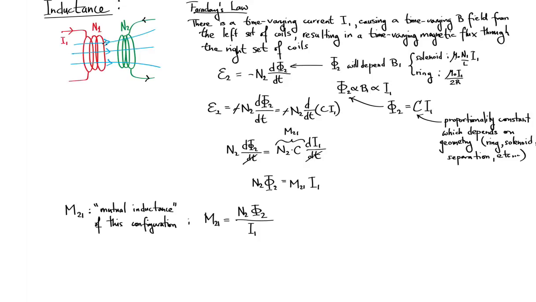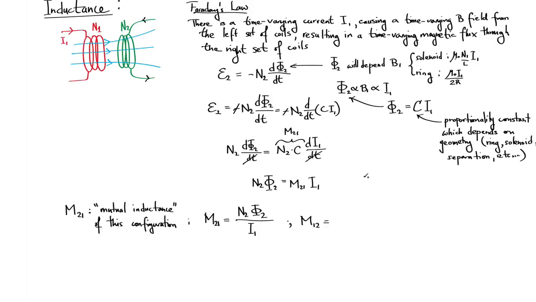It would be the same C you would use for this one generating a field into that one, or vice versa. So it turns out that I can write M12, which is the opposite situation: I pump a current through the right set of coils and look at the EMF picked up by the left set of coils.